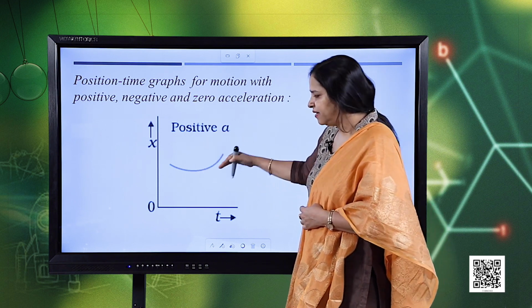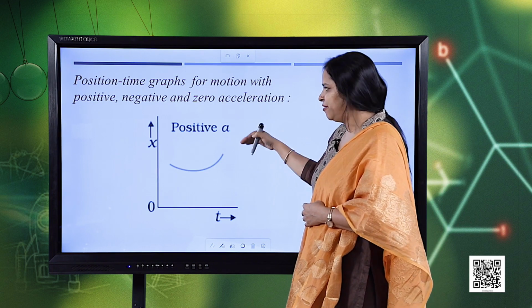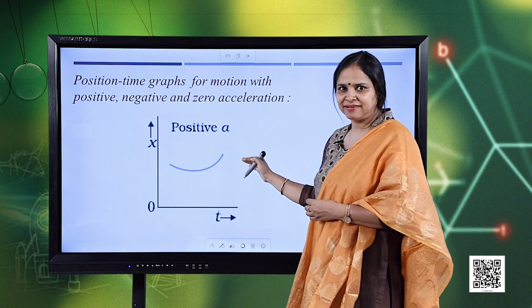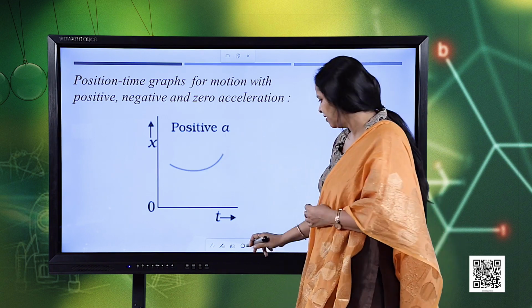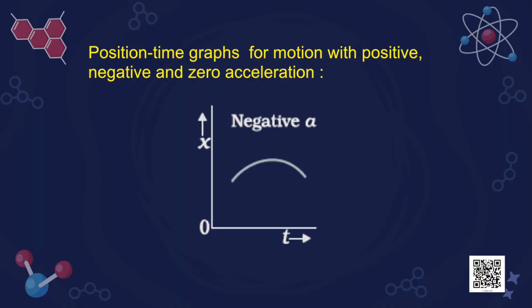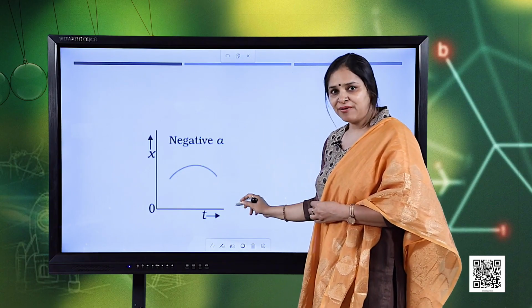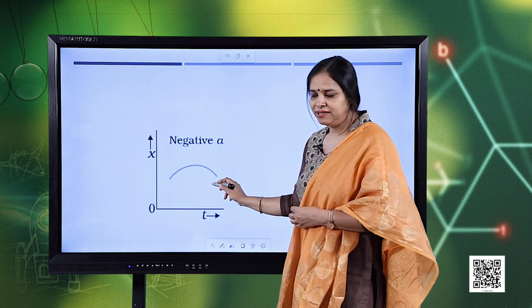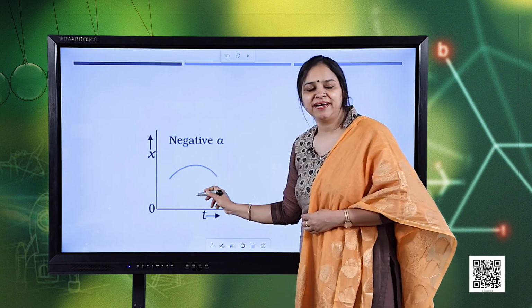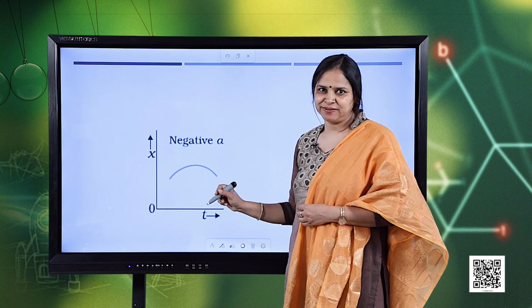So, if the curve is in the upward direction, it represents positive acceleration in a position time graph. Now, look at another graph where the curve in the position time graph is in the downward direction. This curve represents negative acceleration.